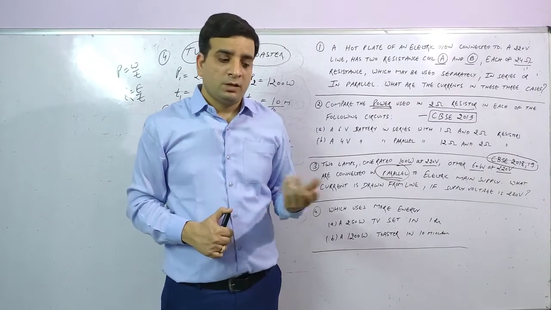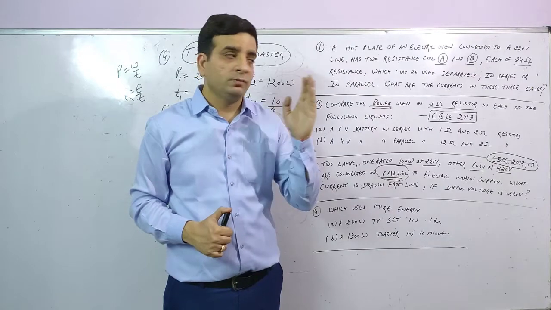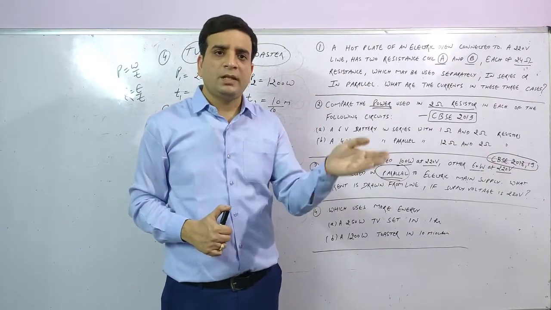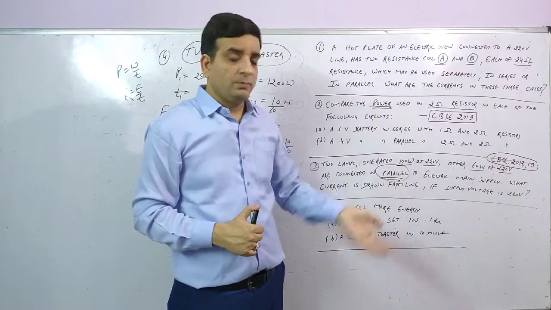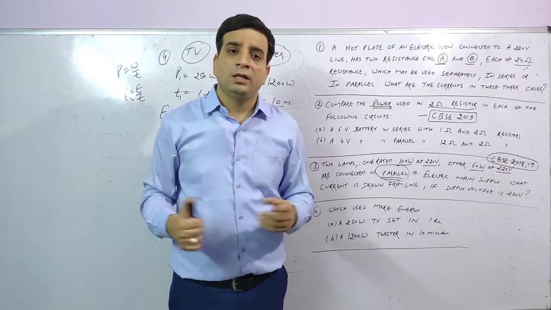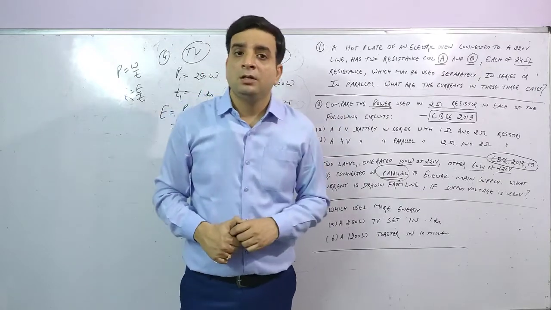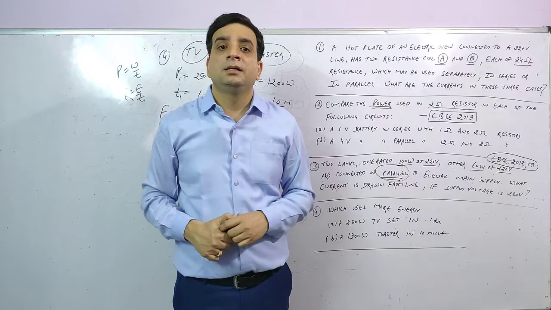If one or two numericals are left, they have already been covered, or they are the simplest of all, where you just put the values into the formula and find the answer. So this is all about the numericals given in the NCERT in-text exercise.